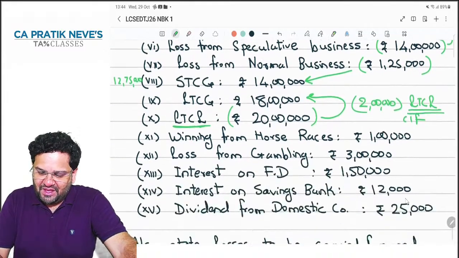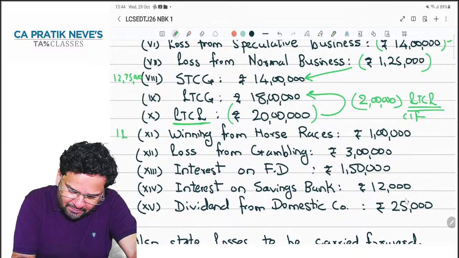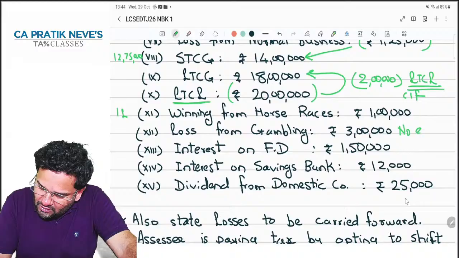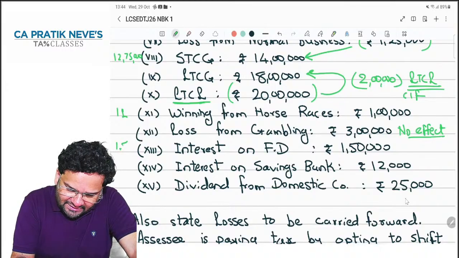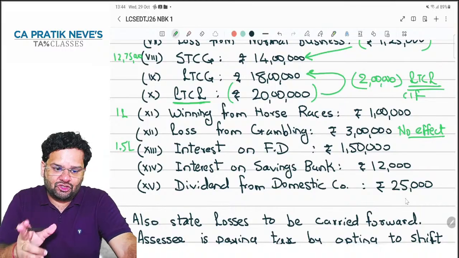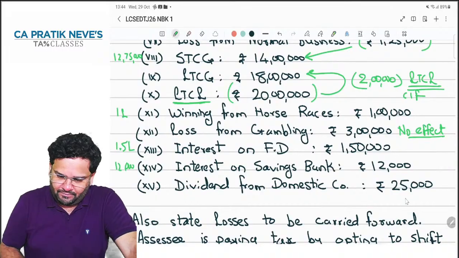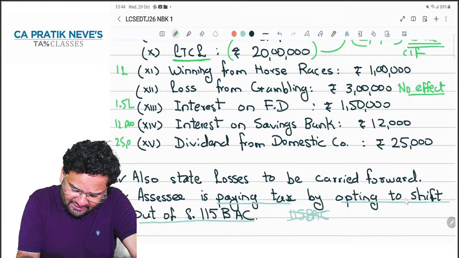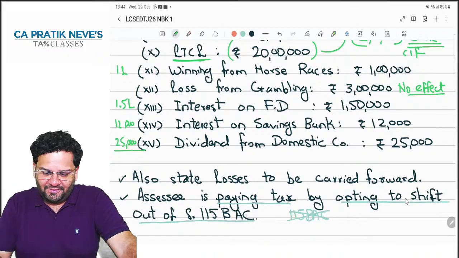Okay. Winning from horse races is always fully taxable, 1 lakh. Loss from gambling will not have any effect. Interest on FD will be fully taxable. Interest on savings bank will be fully taxable. Dividend from domestic company will be fully taxable. That's it.